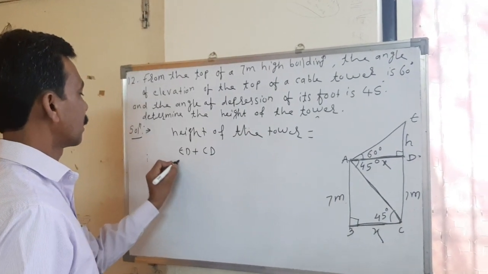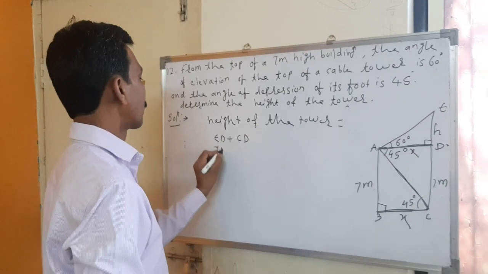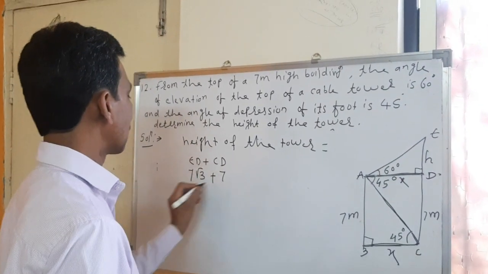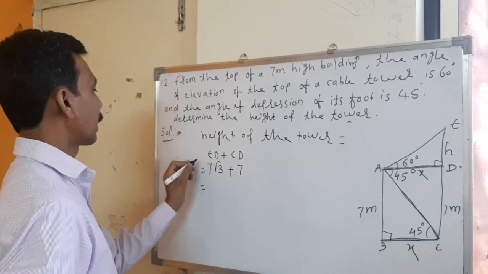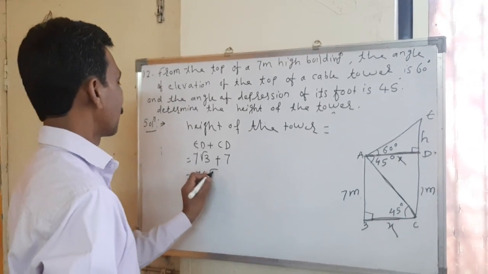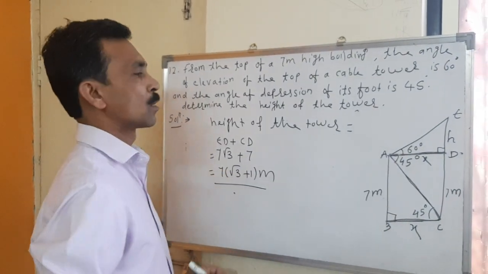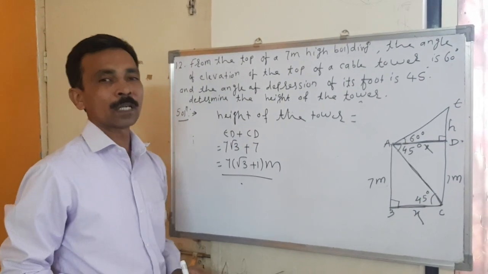ED was what? 7 root 3 plus CD is what? 7. Right? 7 common in bracket, root 3 plus 1 meter. So this is the height of the tower.